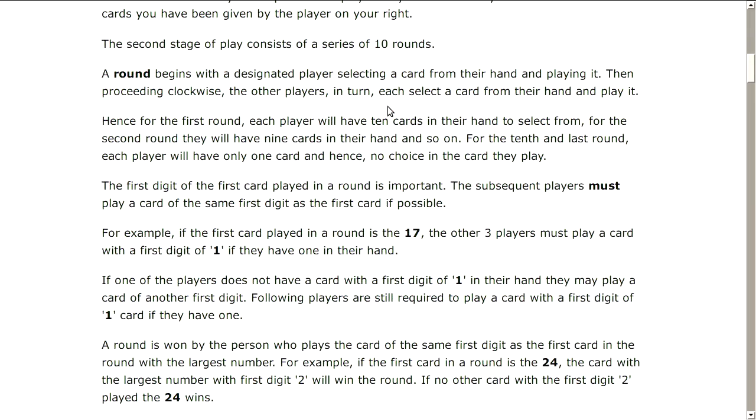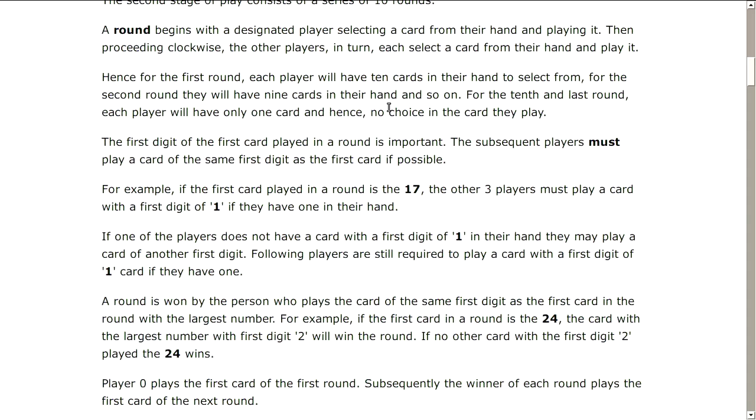We all play our cards, and eventually one of us will win. So if I were to play, the example here is 1-7, then you must all play 1 something if you have such a card, otherwise any of the other cards you have.